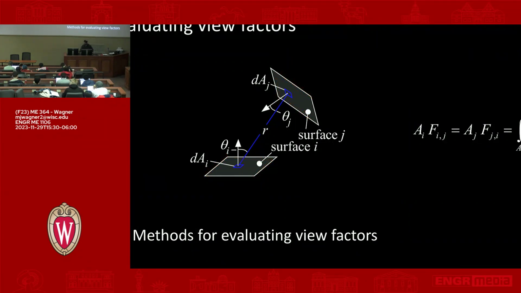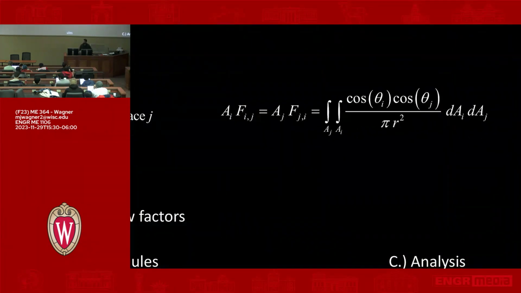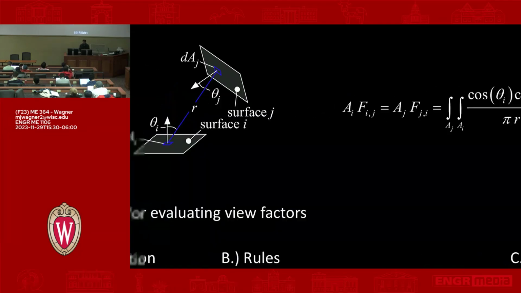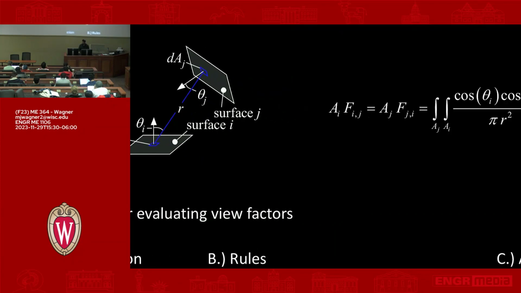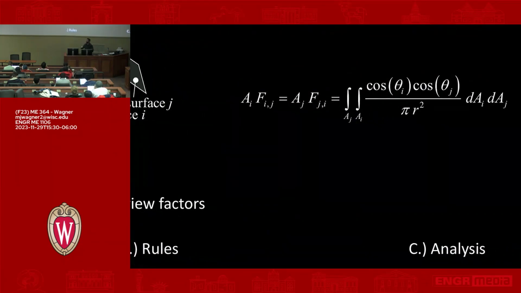What this integral is saying is if I sample over the entire area Ai, and then take the product of the cosine of theta I, where theta I is the angle between the normal to the surface and the vector connecting my sampling points, and the corresponding cosine for surface J, and then divide by the total area available to me, which is pi r squared, this disk that's available, that ratio gives me the view factor.